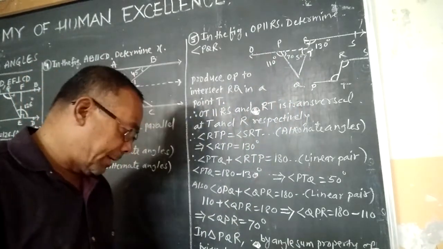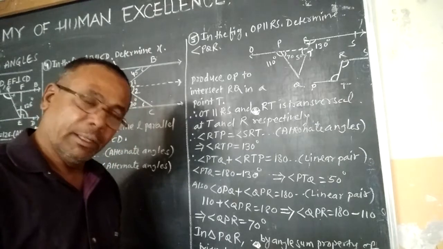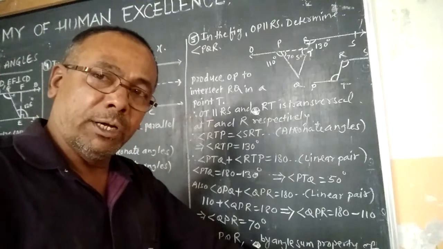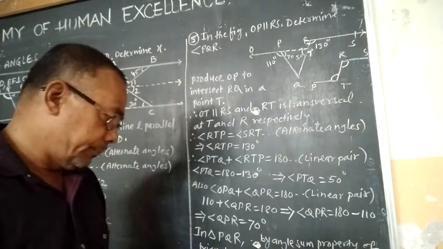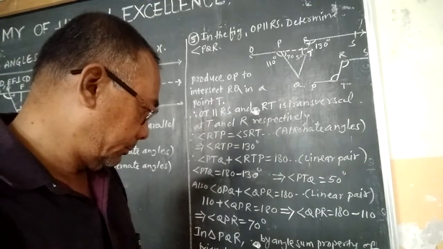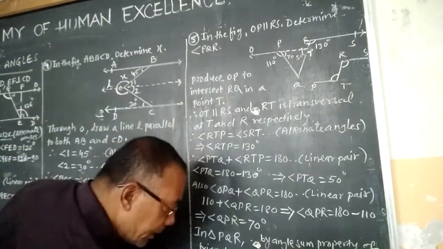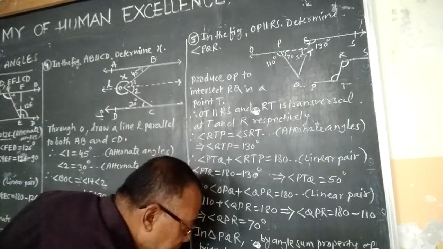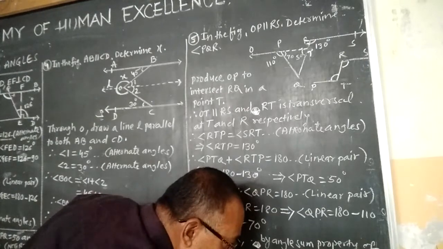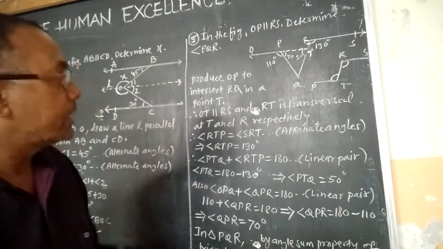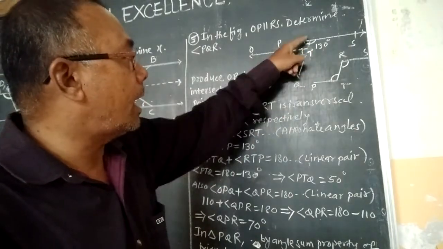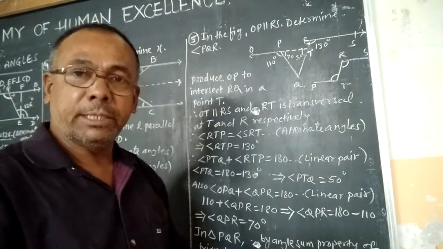And now 50 plus 70, that is 120. So angle PQT is equal to 180 minus 120. So we will get angle PQT is equal to 60 degrees. Now we can say that PQT means angle PQR. Angle PQR is equal to 60 degrees.